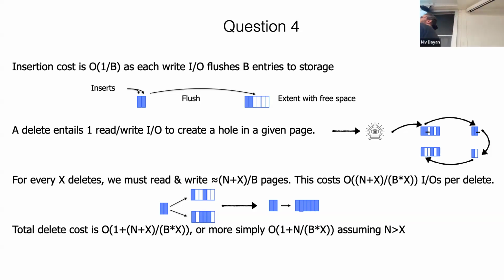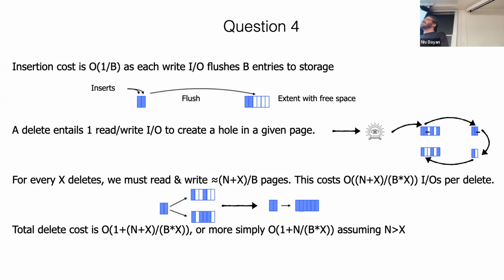Why is it over B as well? Okay, it's over B because we're doing this accounting in terms of IOs. The number of pages in the table is N over B, right? So every time we compact the table, we have to write N over B pages, and we have to write N over B pages for every X deletes that we execute.